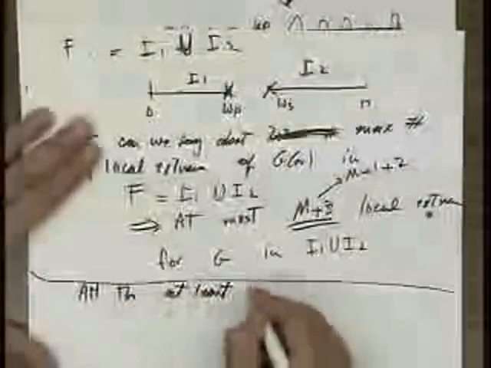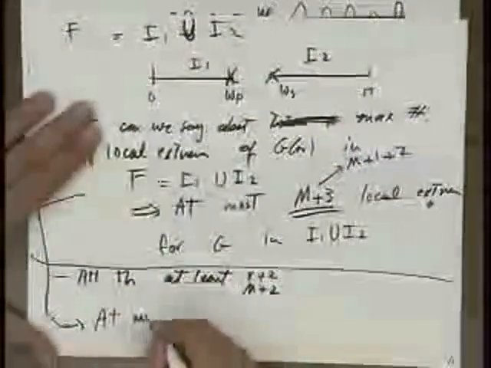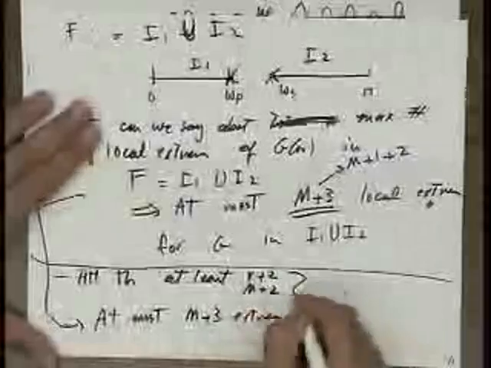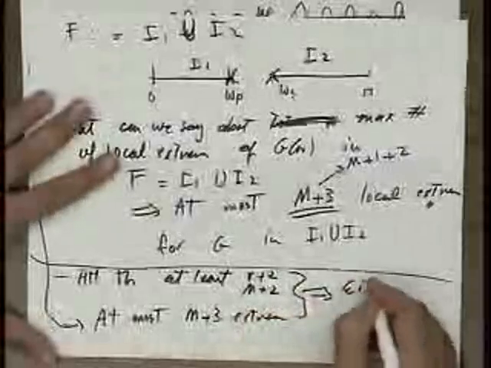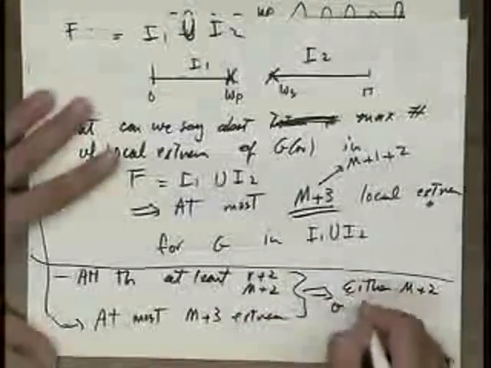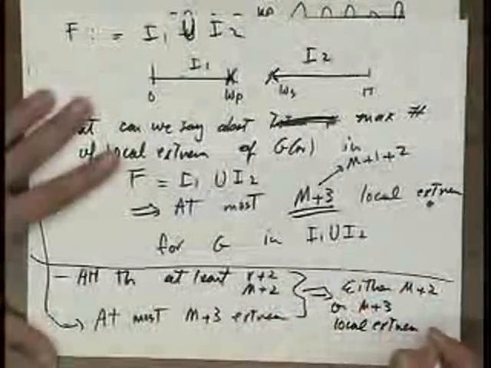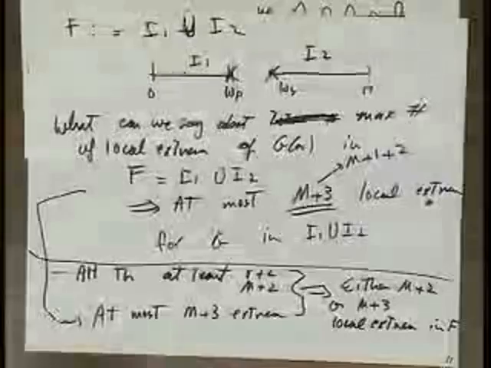So the alternation theorem tells you at least r plus 2, which is the same as m plus 2, and the argument we just went through tells you that we have at most m plus 3 extrema. Putting them together, we either have m plus 2 or m plus 3 local extrema in F. Actually, is this discussion clear?